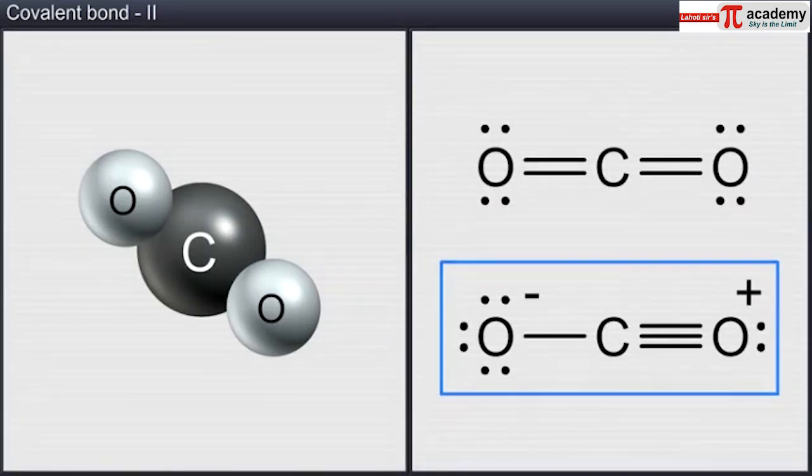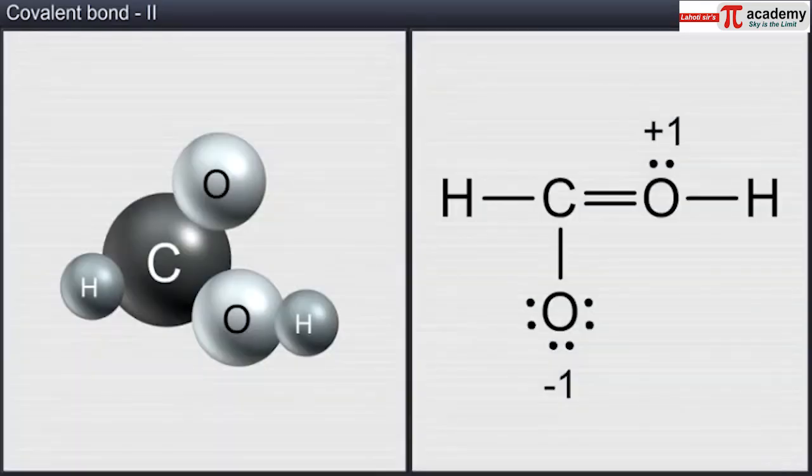The lowest energy structure is the structure with the smallest formal charge on the atom. Formal charge is the charge assigned to an atom in a molecule, assuming that electrons are shared equally between atoms in a chemical bond. For the correct Lewis structure, it should be other than 0.